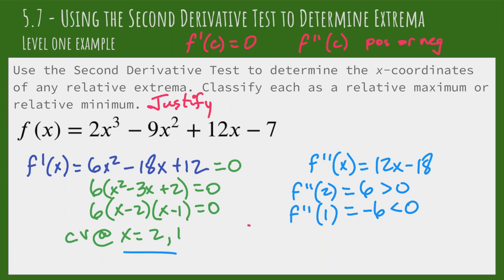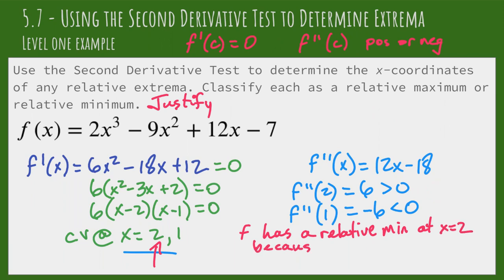So we'll say f has a relative, and let's just go in the order we have them here. So at x equals 2, we have a horizontal tangent, and it's going to be concave up. So horizontal tangent and concave up is going to give us a relative minimum at x equals 2.